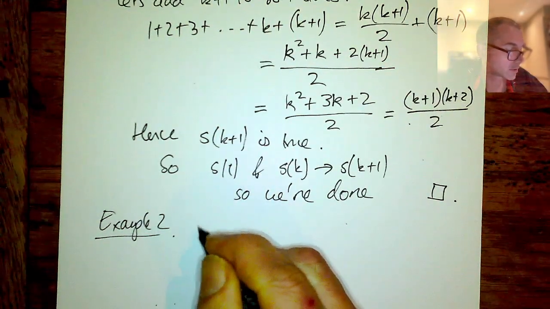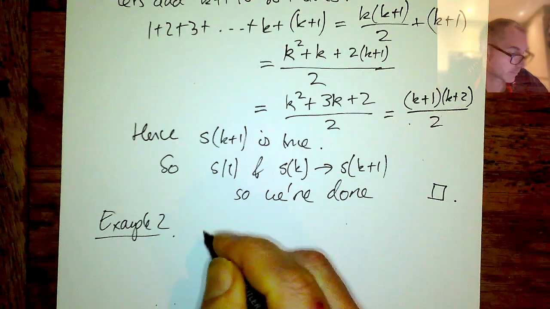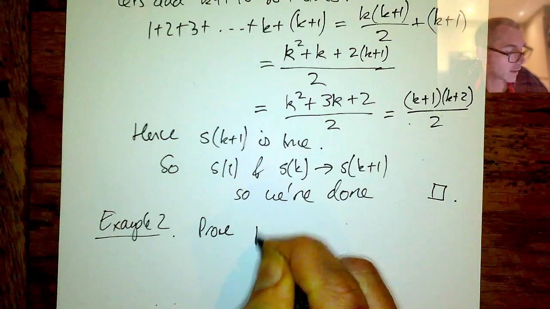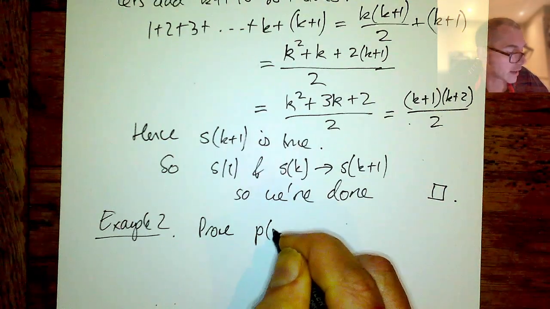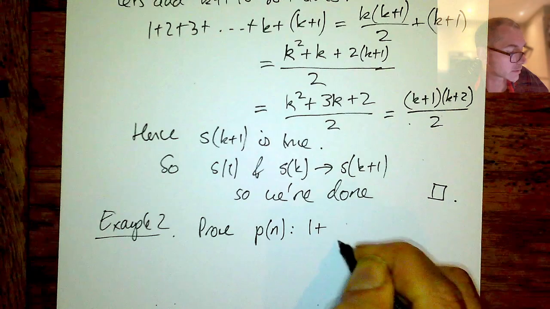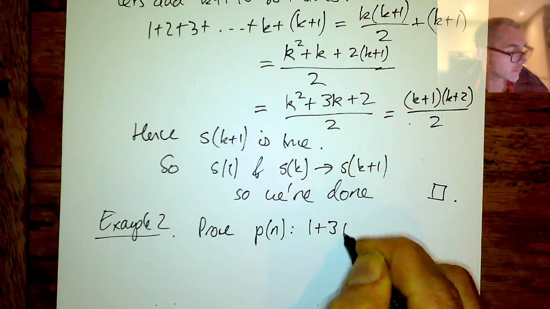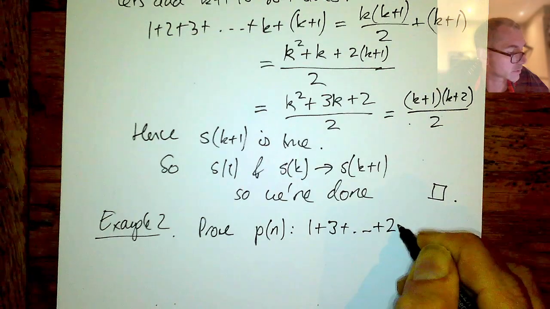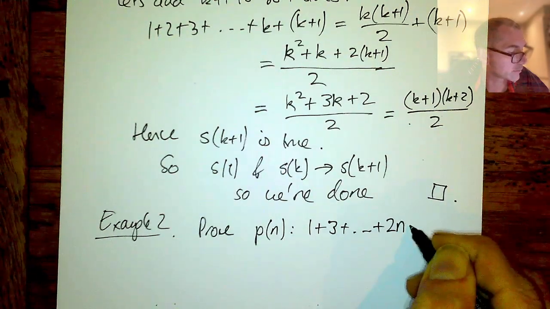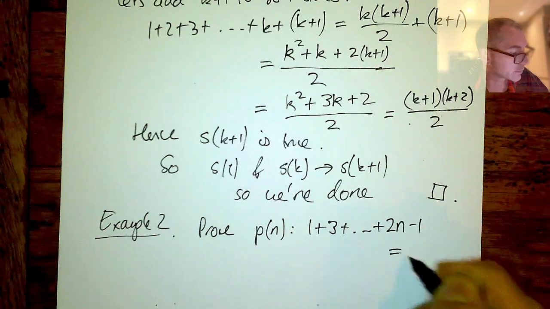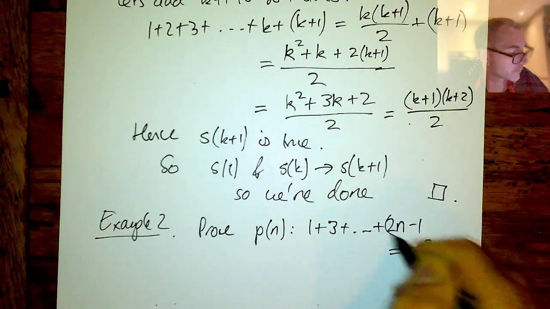So this is going to be, let's just call it P. So prove P of n, which is 1 plus 3 plus all the way up to 2 times n minus 1. This is equal to n squared.